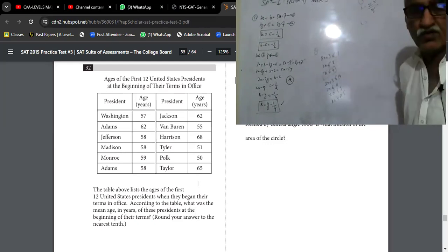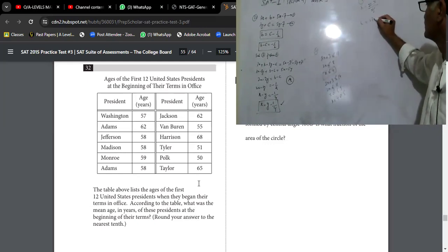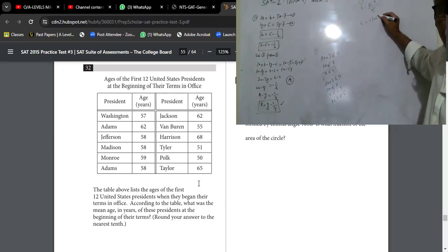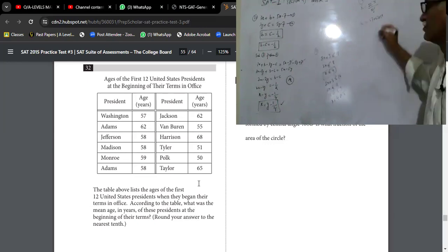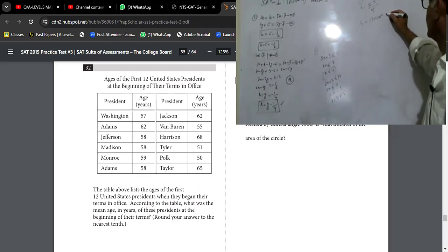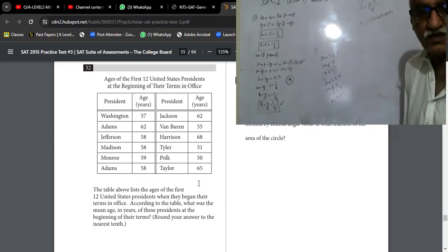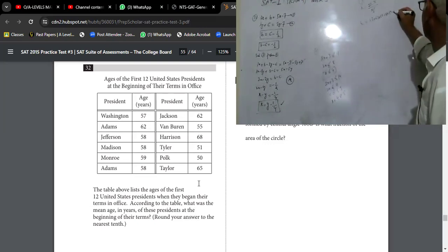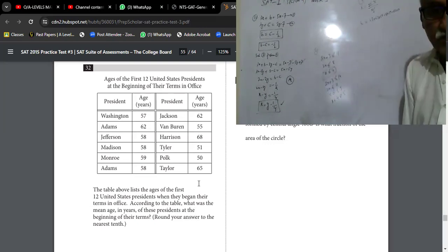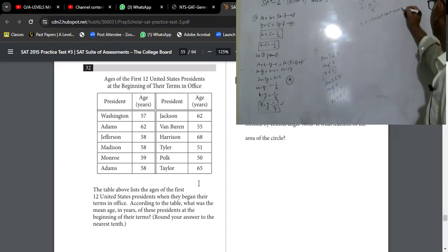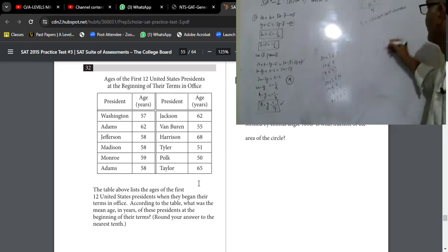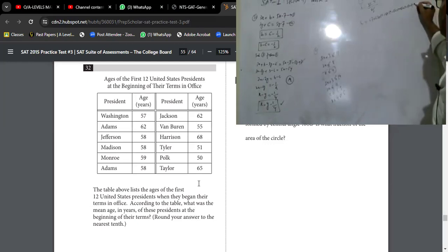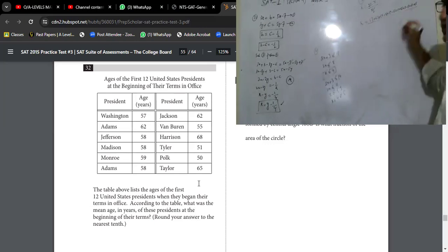So it is basically equal to 57 plus 62 plus 58 plus 58 plus 59 plus 58, 62, 55, 68, 51, 50 and 65, divided by the total, there are 12.